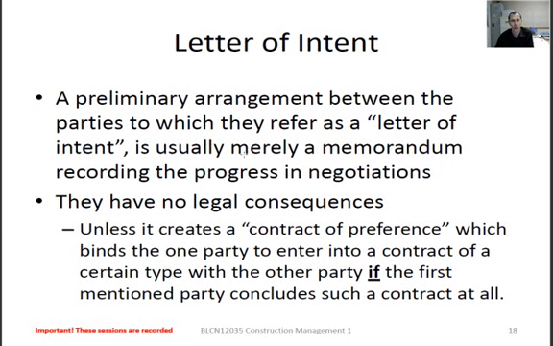Mm-hmm. What do you guys do with the insurance aspects of a letter of intent without having that formal contract in place? Because obviously, the moment you have the formal contract in place, the risks are better mitigated because of the contractor's insurance. How do you handle that in a letter of intent?